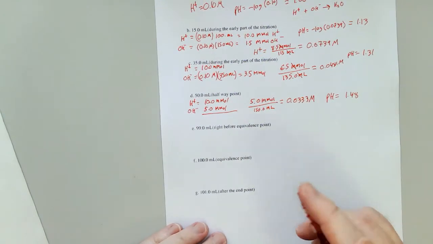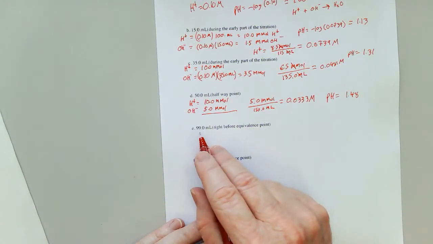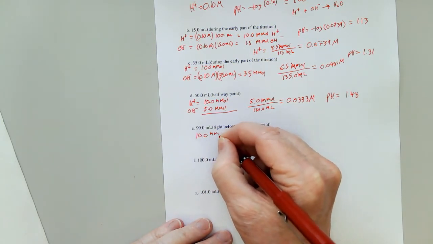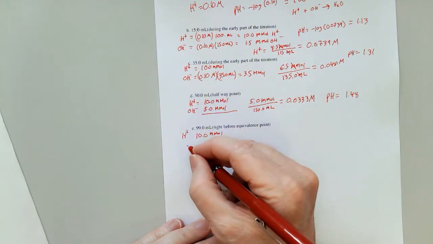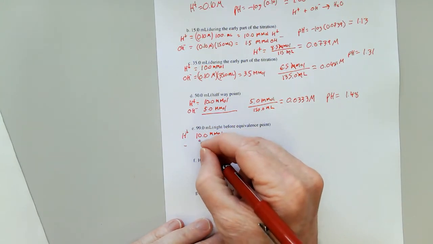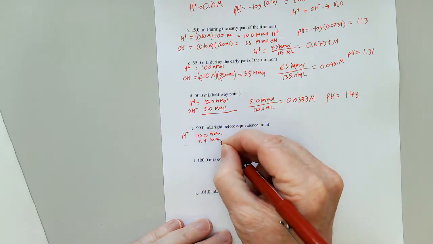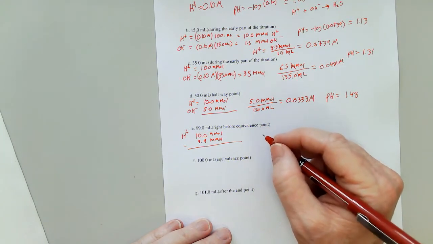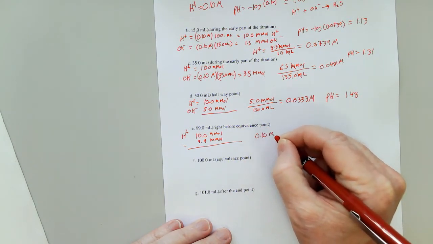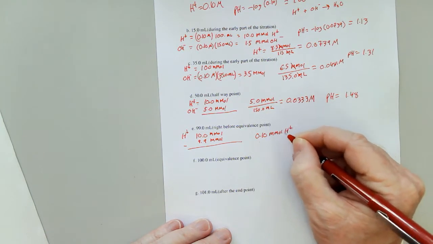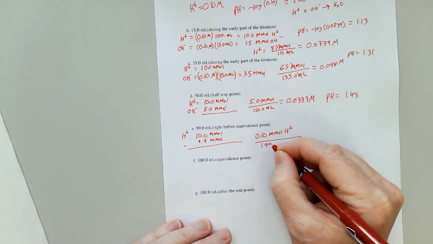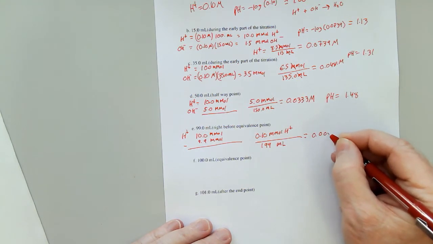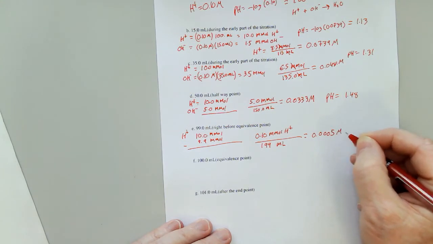Okay, now a lot of base has been added, 99 milliliters. 10.0 millimoles of the H plus to start with, minus 99 times 0.1 is 9.9 millimoles, which means the amount of H plus that I have left over is 0.10 millimoles of H plus divided by 199 milliliters, which equals 0.0005 molar.